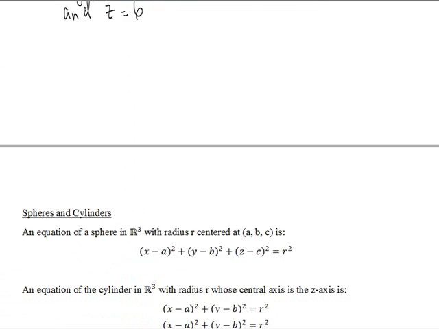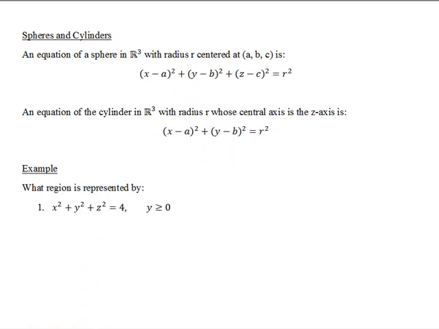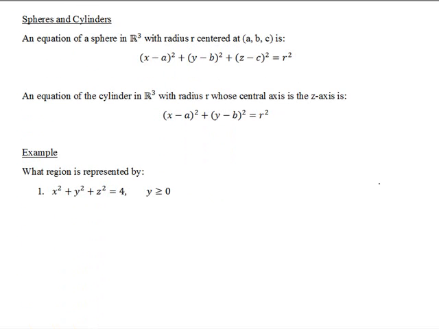Let's look at some common surfaces that you need to recognize. Like in the two-dimensional coordinate system, you need to know the equation of a circle with center 0, 0. You need to know these things for the three-dimensional coordinate system. The 2 most popular ones are spheres and cylinders.